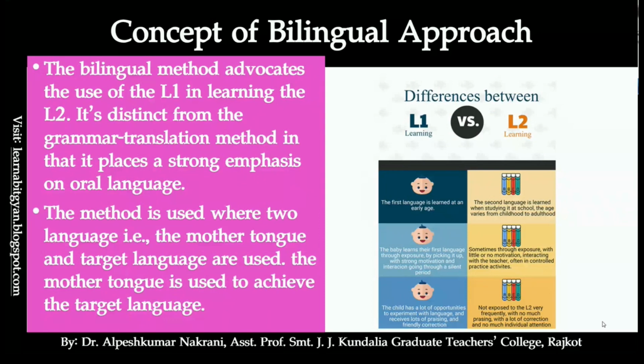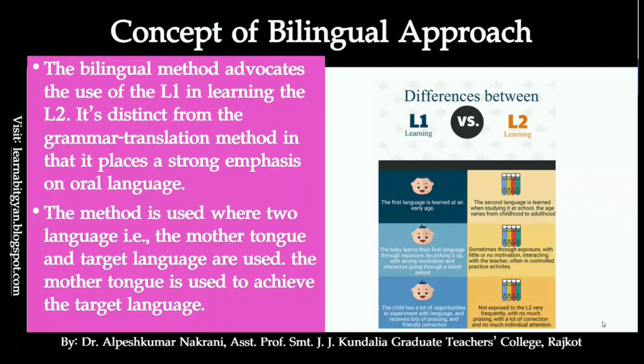You very well know what is L1 and what is L2. L1 is the first language that when the child was born, and the second language is learned after the first language. So bilingual method advocates, as I told you, using L1 in learning L2.